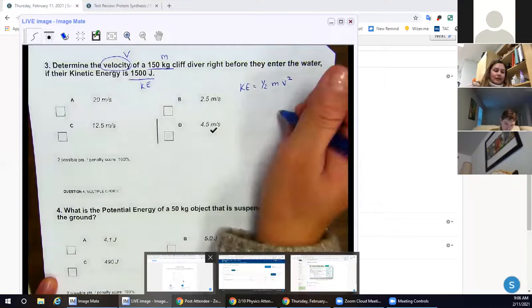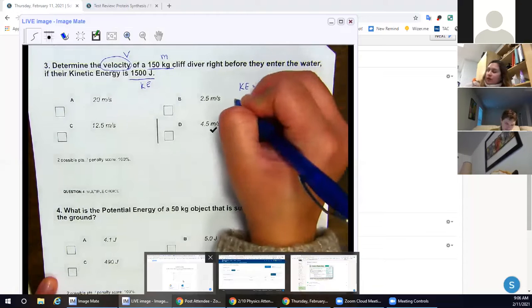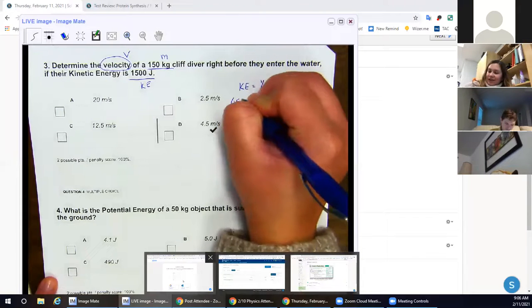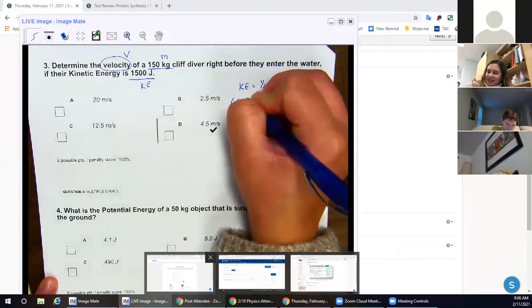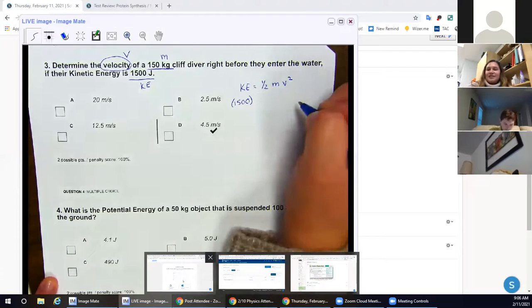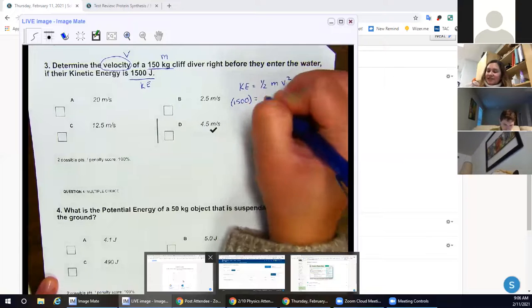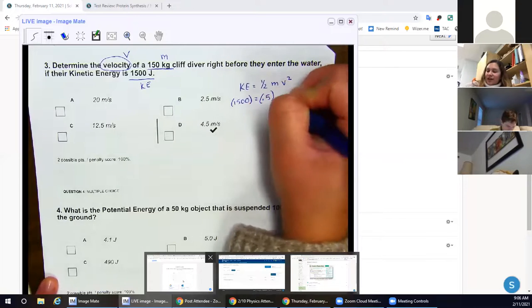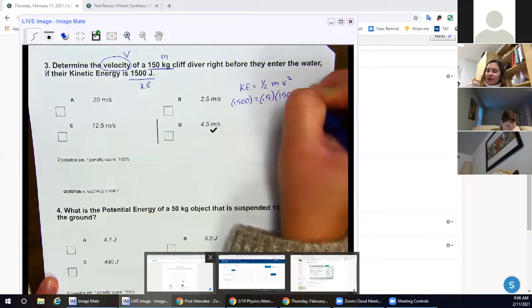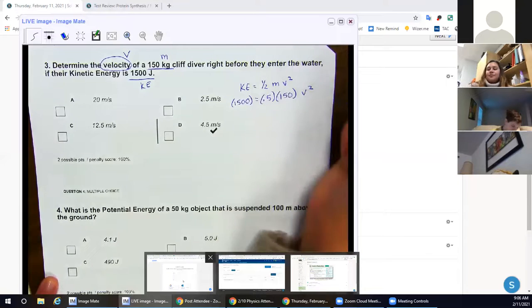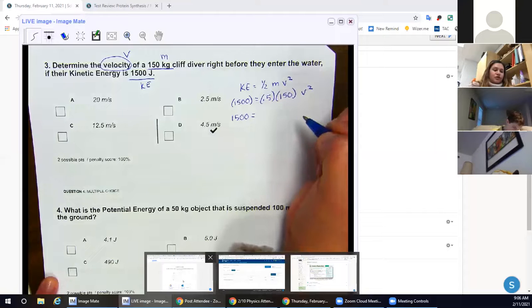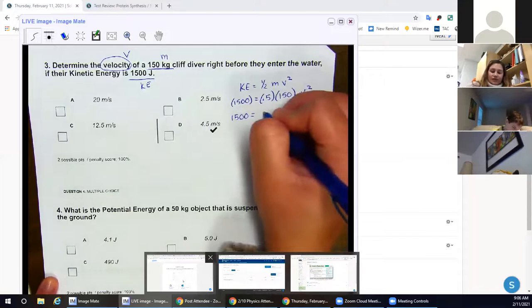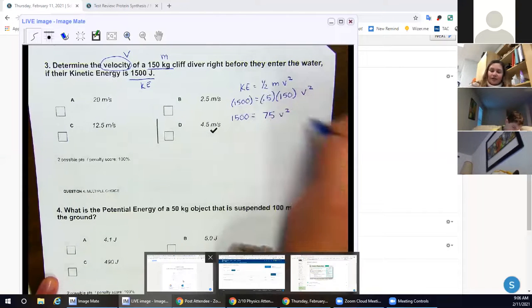Our kinetic energy is 1500. 1/2 is the same as 0.5. Our mass is 150, and we're looking for that v squared. So 1500 is equal to 0.5 times 150, that's 75 v squared.